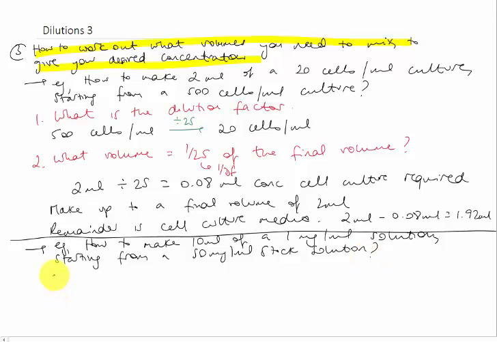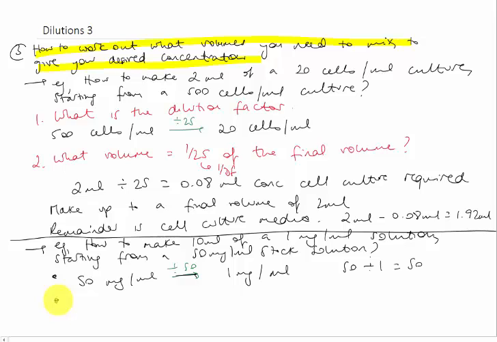So the first thing you have to do is work out what the dilution factor is. We're going from 50 milligrams per milliliter to 1 milligram per milliliter, and 50 divided by 1 is 50. So that means we divide by 50, and then we have to work out how that volume corresponds to the proportion of the final volume that we want.